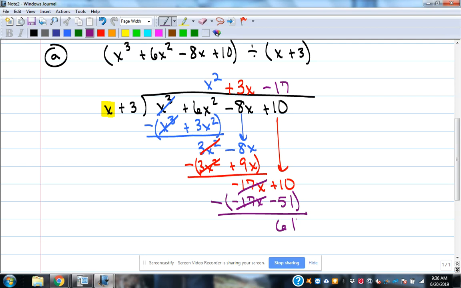My division is finished now, because if I multiply something times this x in the front, there's no way that I'll get something without an x, right? So that's how I know I'm done, is that what I've got underneath doesn't have this front term on it. Okay, so that's how I know I'm finished. So that means 61 is my remainder.